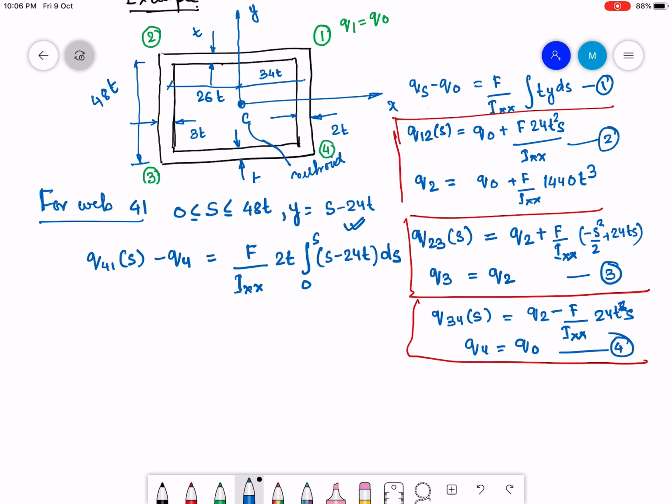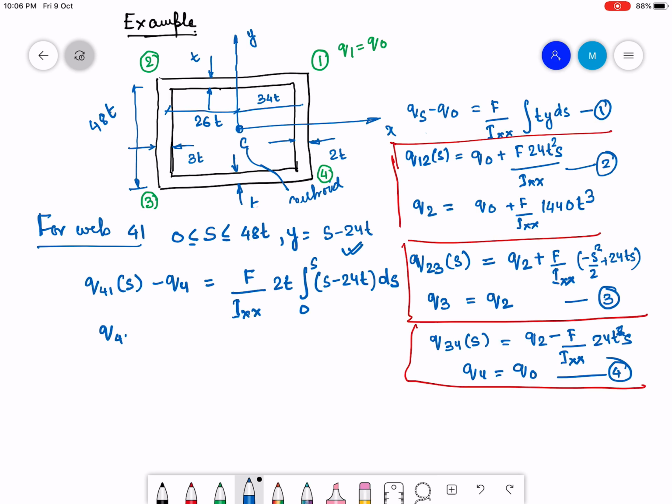Okay, so Q41S is going to be Q4 plus F by Ixx 2t S square minus 24tS.